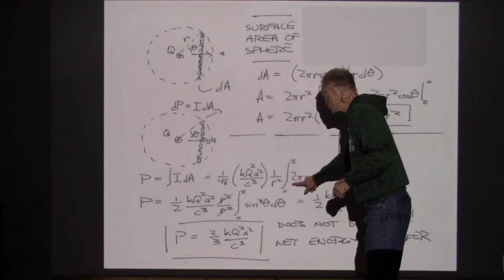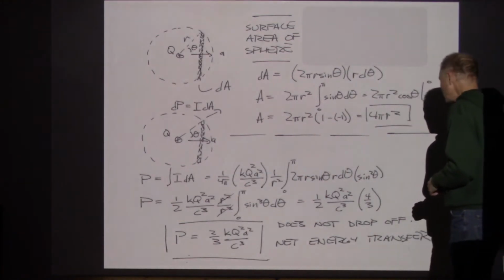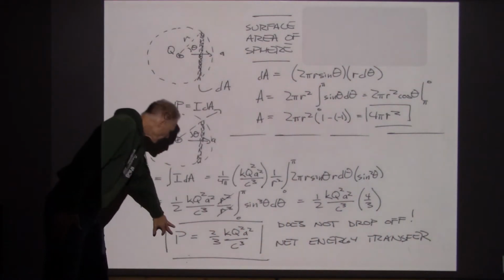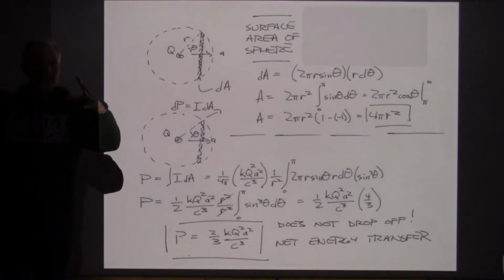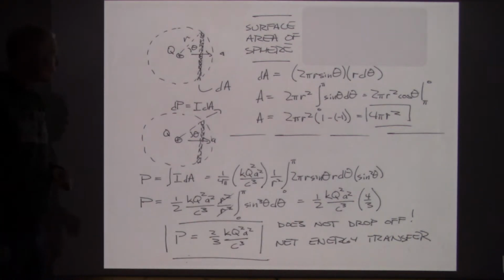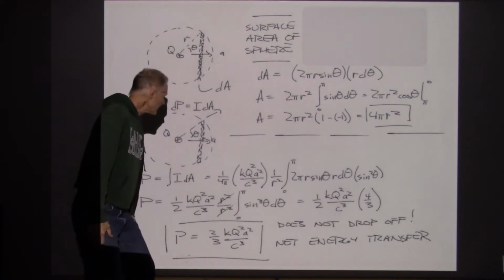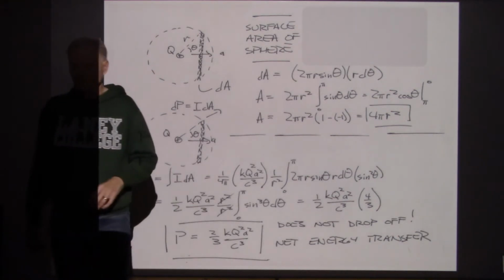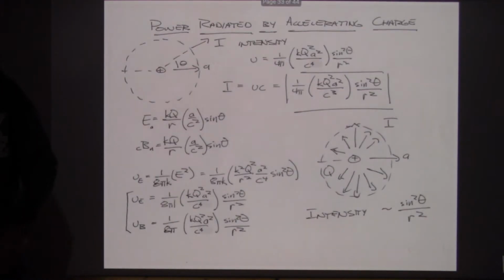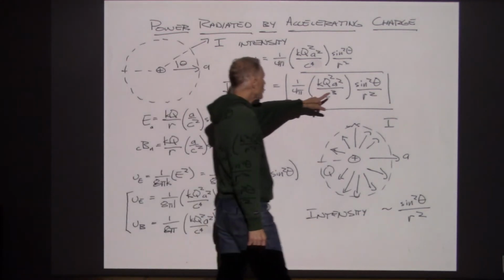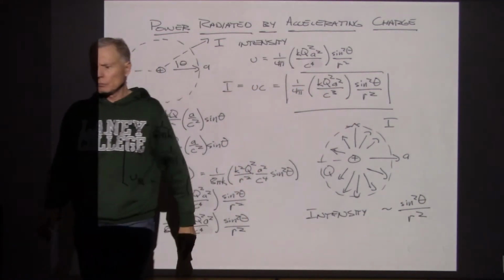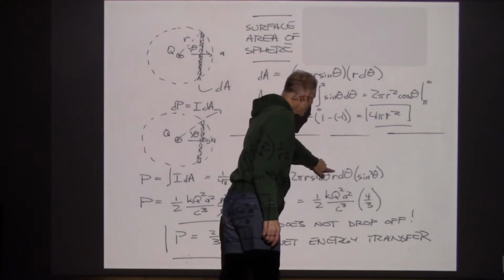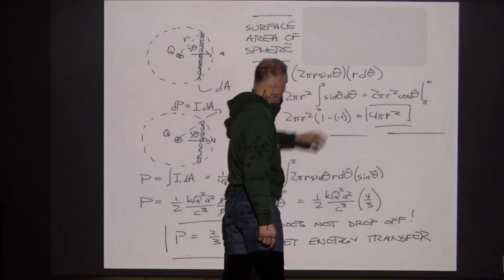When we carry out the integration, what we end up with is that the power, the rate at which energy is crossing any one of these spherical boundaries, is the same, because the 1 over r squared in the intensity is canceling with the r squared in the surface area of that sphere.